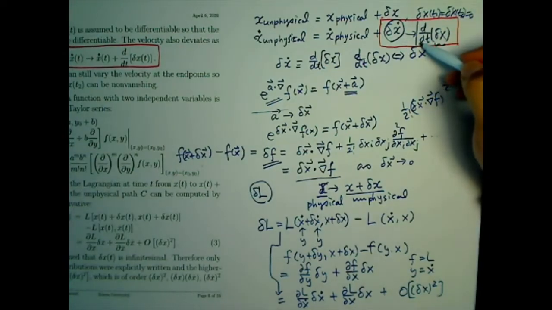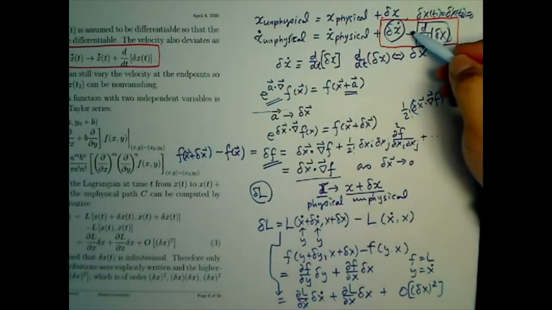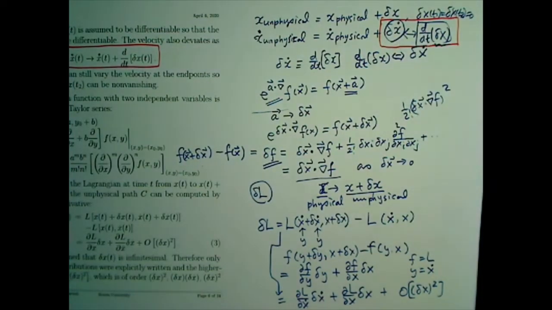this is the correct expression, but we can also write it in this kind of form. So the variation of velocity is always computable. We can always compute the variation of the velocity by taking the time derivative of the variation, right?